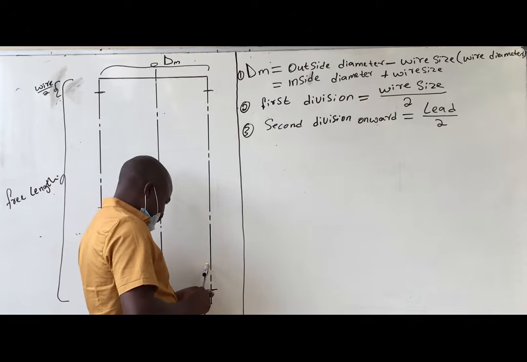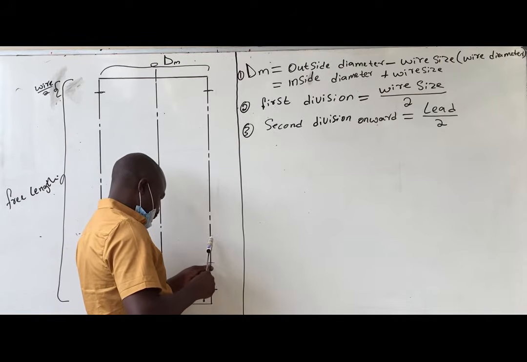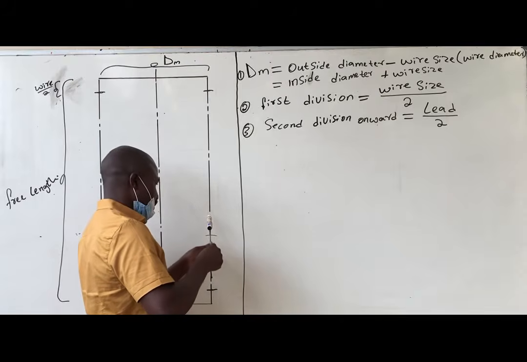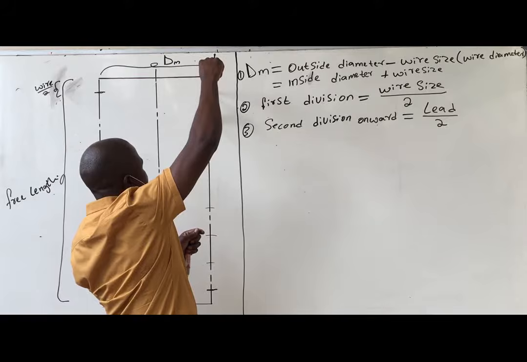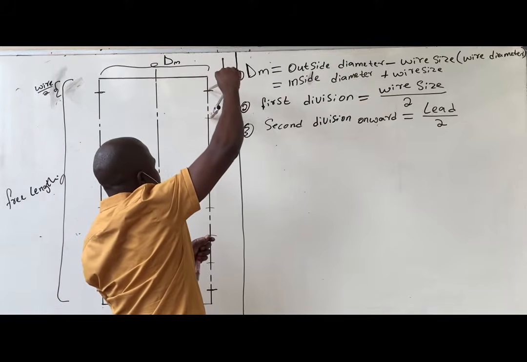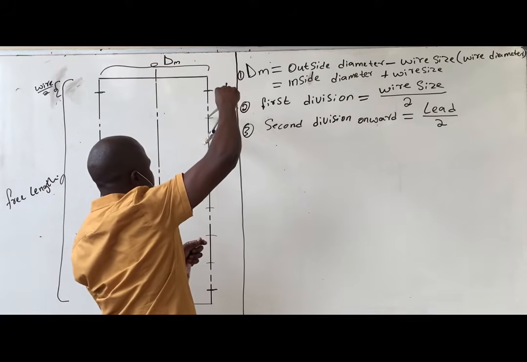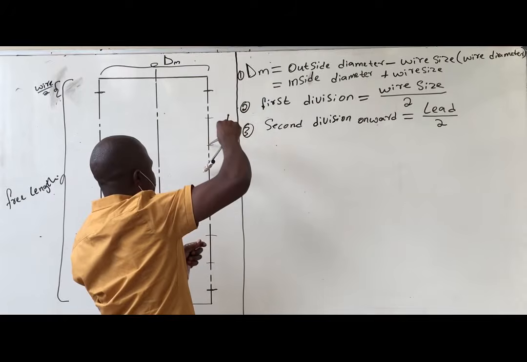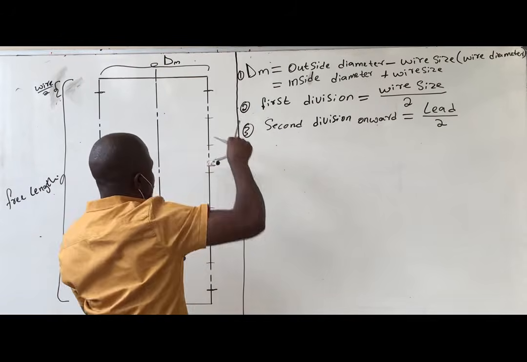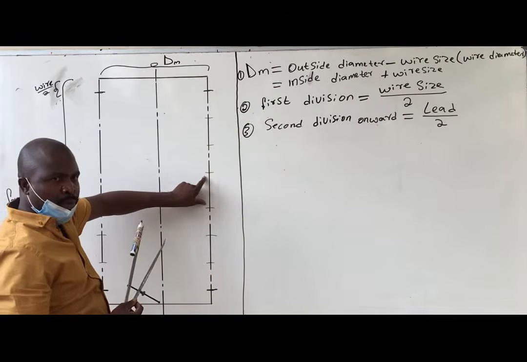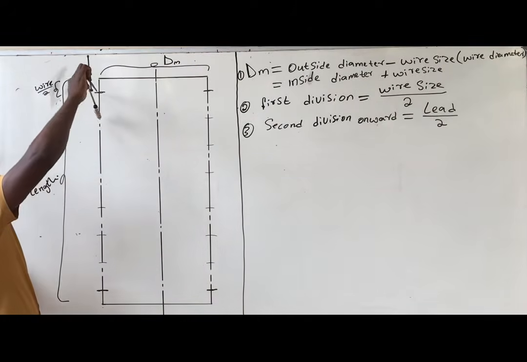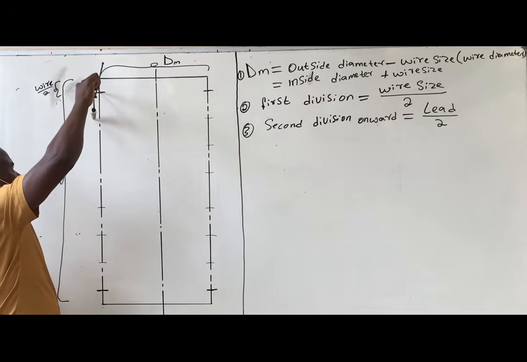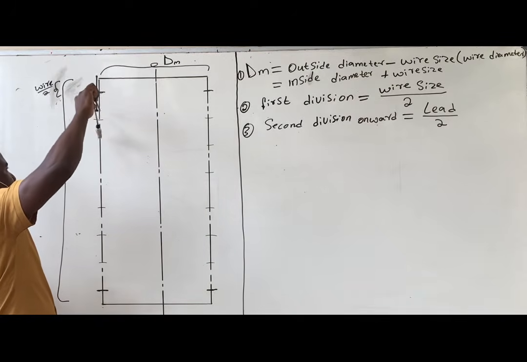Even this side, 10, 10, 10. Even from up there, 10, 10, 10. Do not worry about the space in between, from up and from bottom. Don't worry about that space.